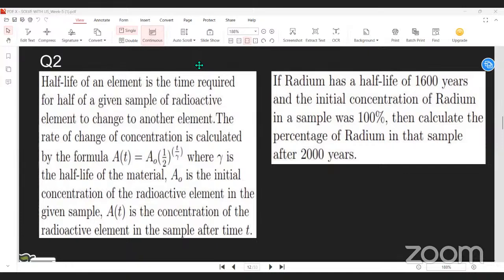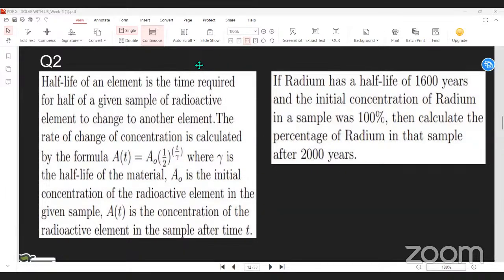So read the question, then we'll come to the subparts. Please read the question and solve. Here A naught is 100%, that is 1.